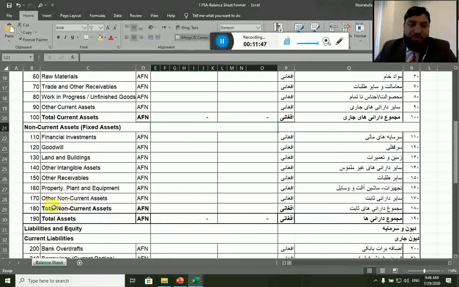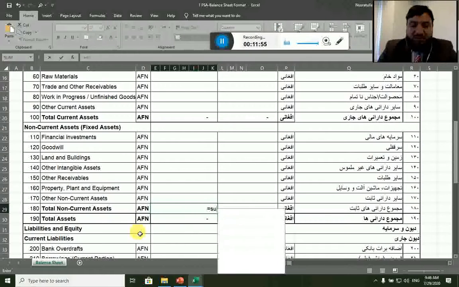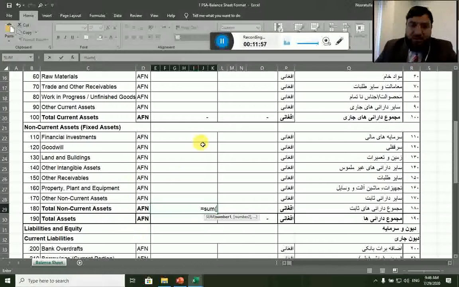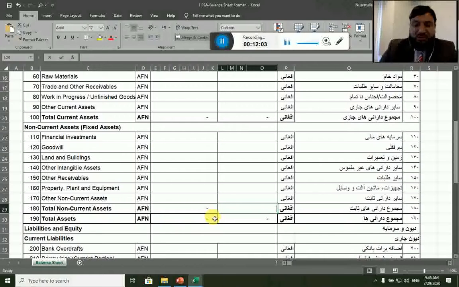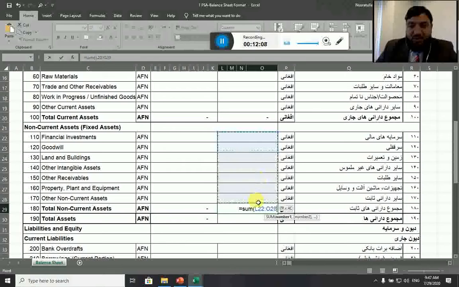Property, plant and equipment, other non-current assets. So here we have total non-current assets. How will we find out? Equals sum from here to here, and this is how we can find out the total non-current assets, right?